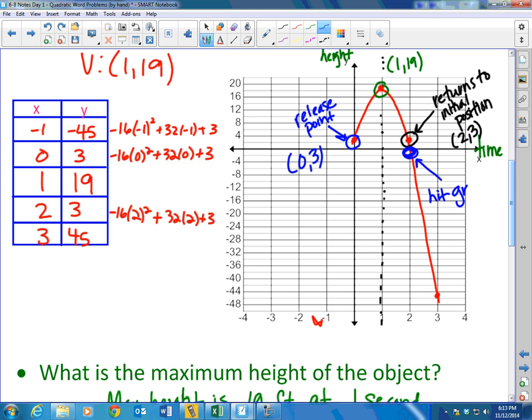It does not look like it's at an even coordinate, but I know it hits the ground there. And the only thing I know about that coordinate is I don't know what my x value is. That's a big old question mark. But I do know that my y value when it hits the ground means my height has to be 0. So my y value on that spot is 0.